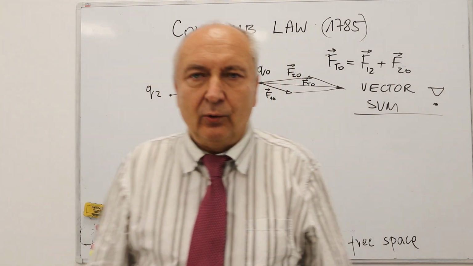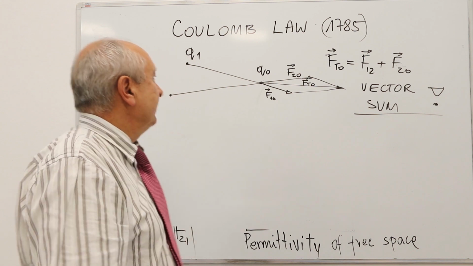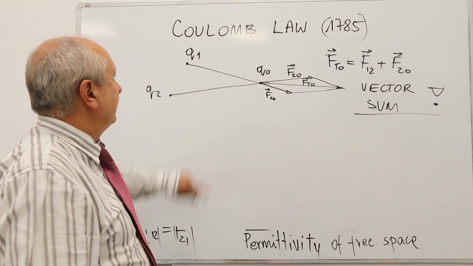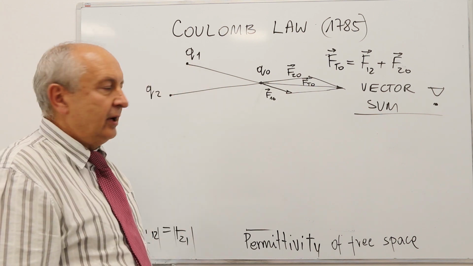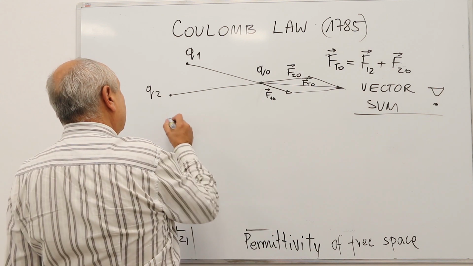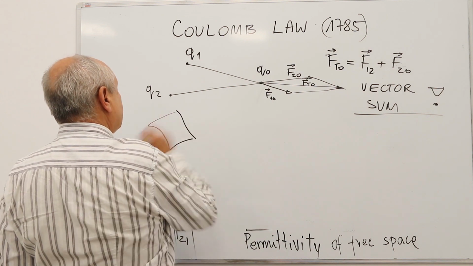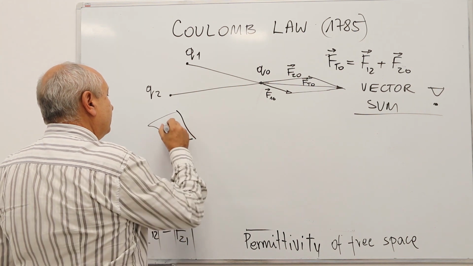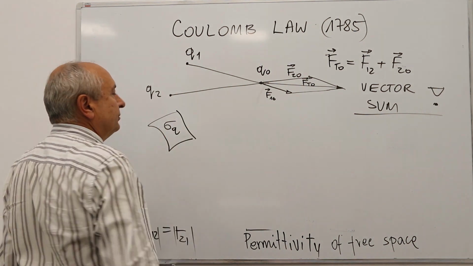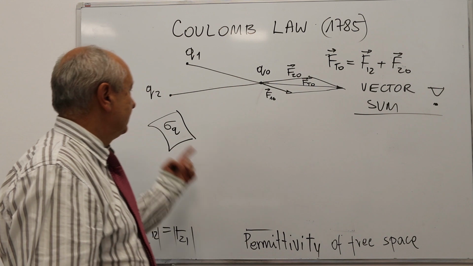But what happens if we have more charges, or if we have, for example, charges like this, with sigma q, a continuous distribution?